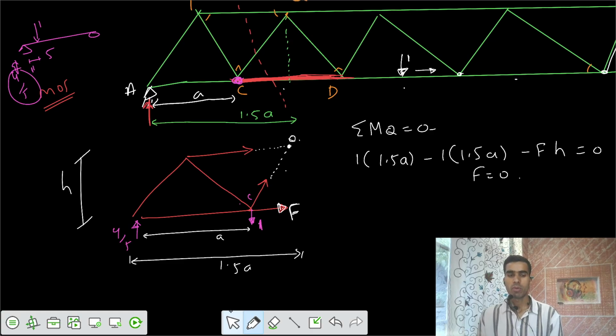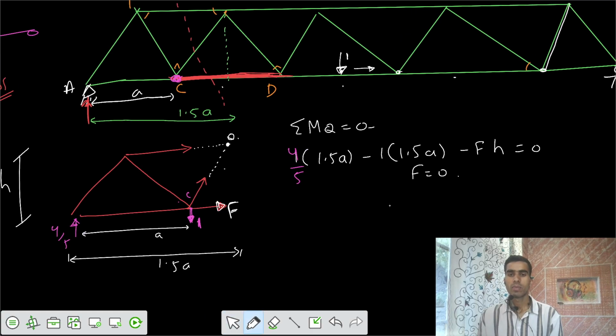Then I apply the moments: clockwise 4 by 5 into the length of 1.5A, and the load is placed at point C, and point C is at a distance of 0.5A from Q. So this is 1 into 0.5 into A, anticlockwise about point Q. Then we also have F into H, also anticlockwise.